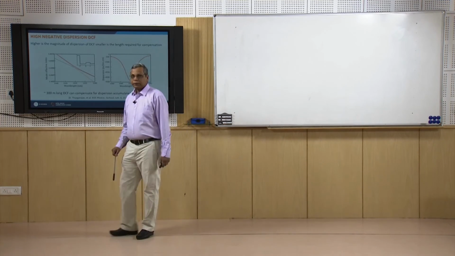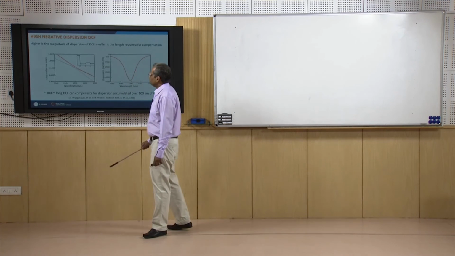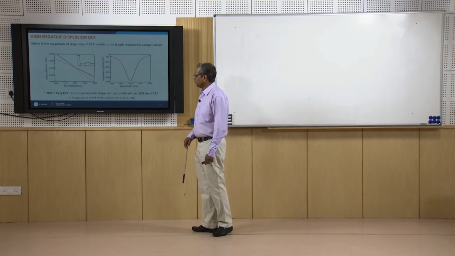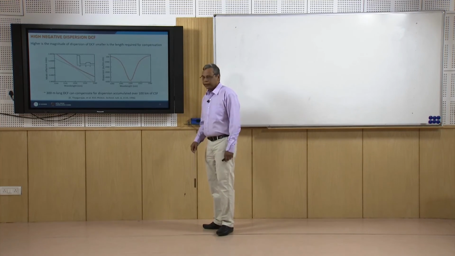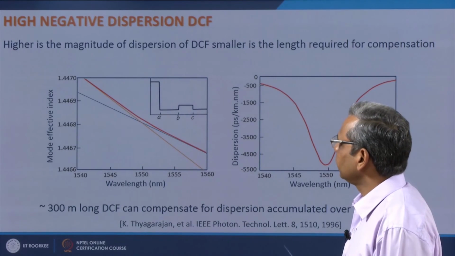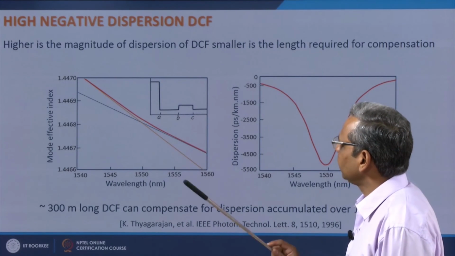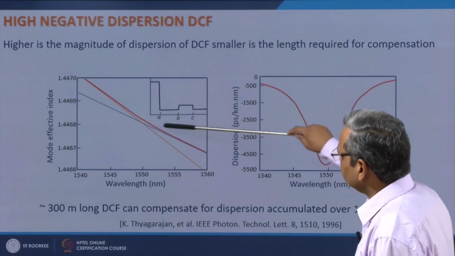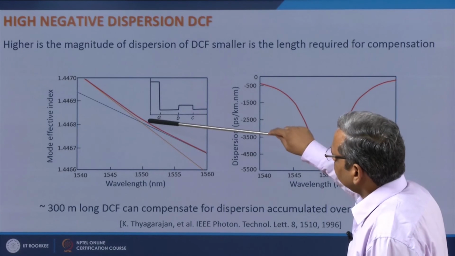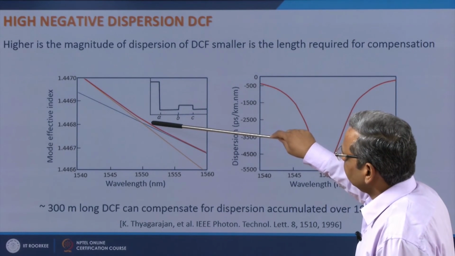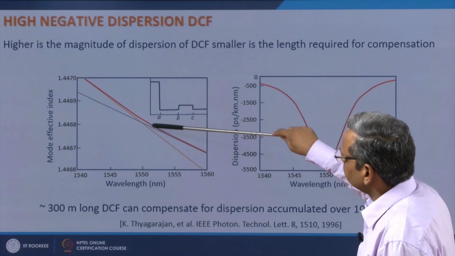How do you achieve this kind of dispersion? There is a design given by Thyagarajan in 1996, where they have used this dual core fiber, and this particular fiber gives you the effective index as a function of wavelength, something like this, which makes a turn somewhere here, and the curvature changes here.